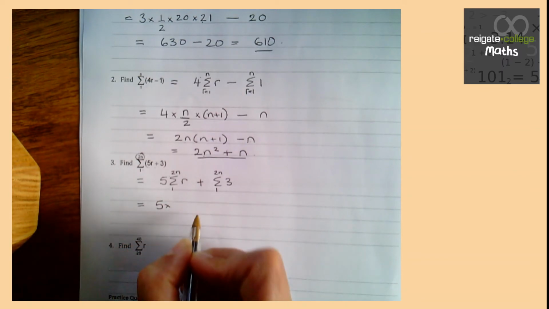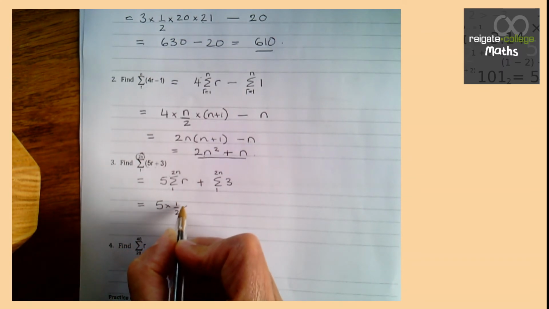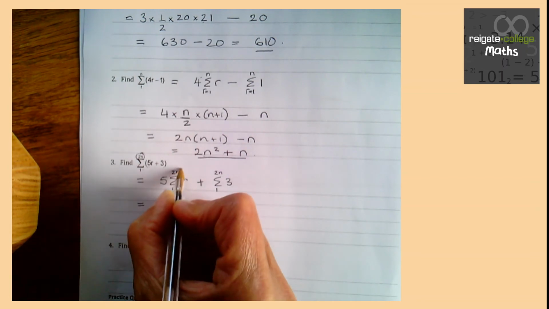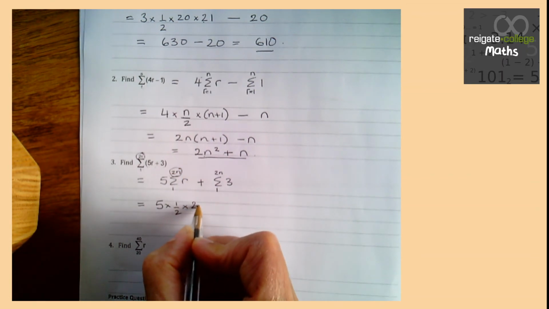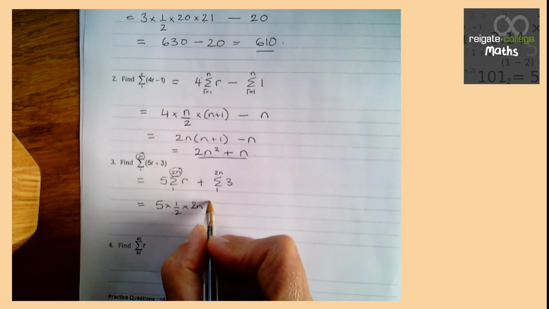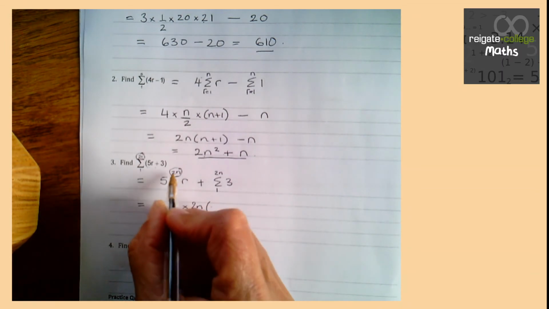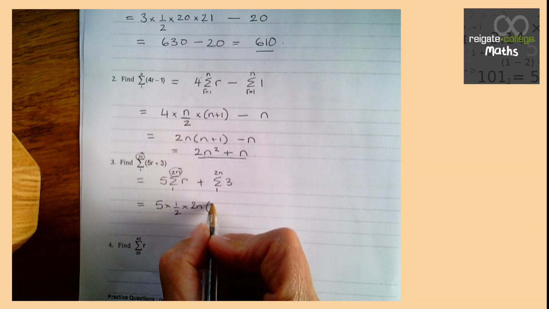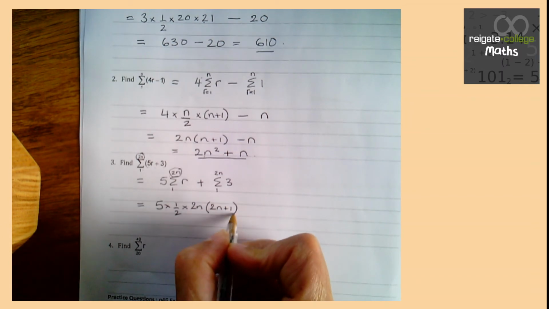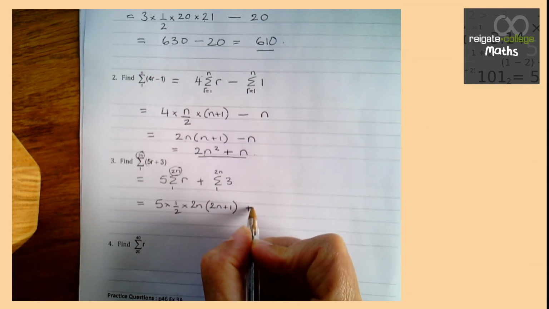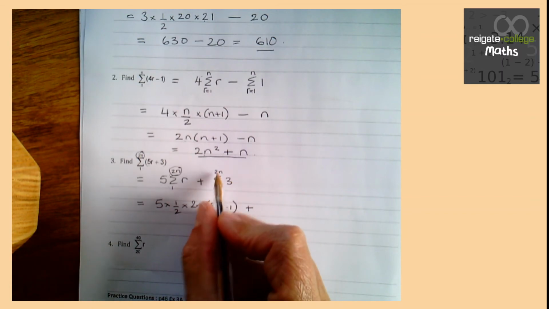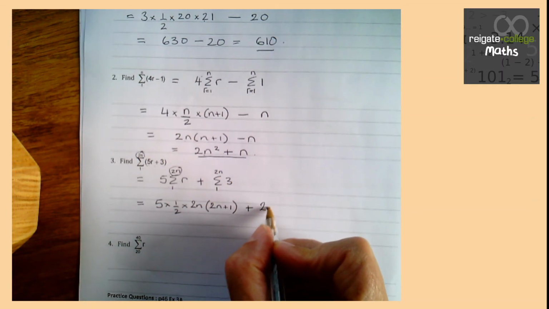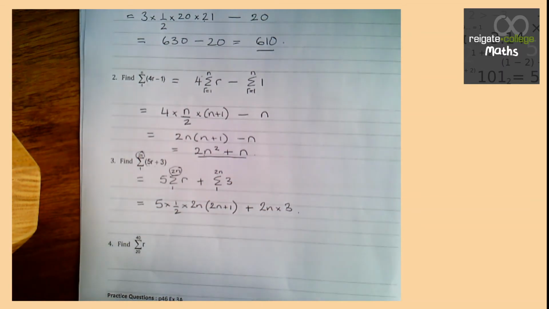So 5 times a half times n, now remember that n is 2n, times n plus 1. Again, this is going to be 2n plus 1. Plus, we've got 3, 2n times, so it's going to be 2n times 3.